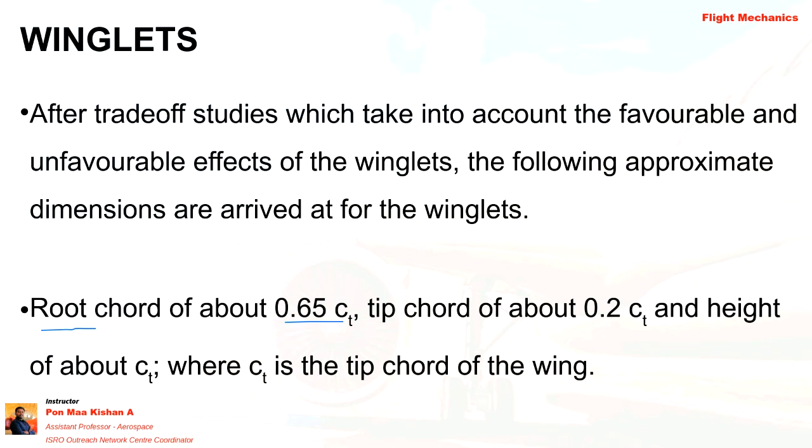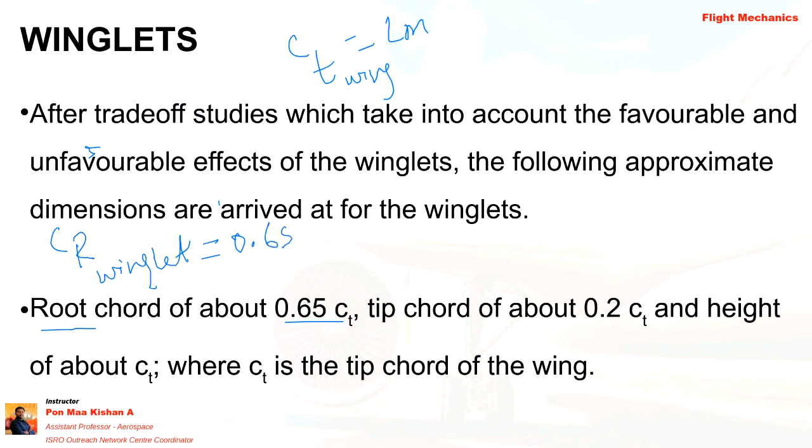Let me consider the tip chord of the wing as 2 meters. So my value will be 0.65 into 2 meters. That will be my root chord of the winglet.